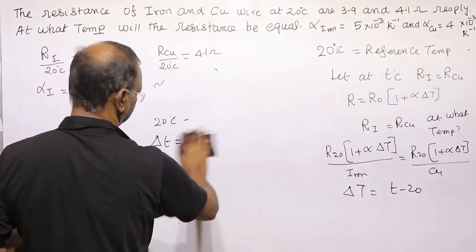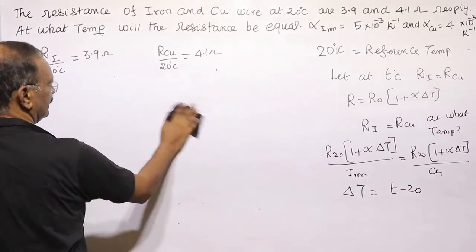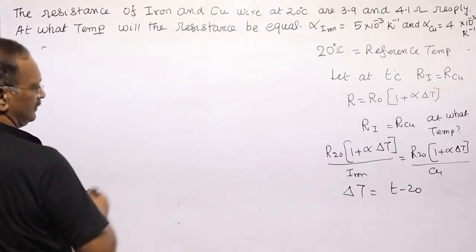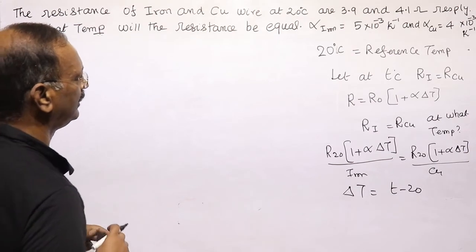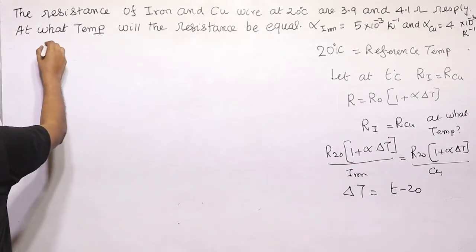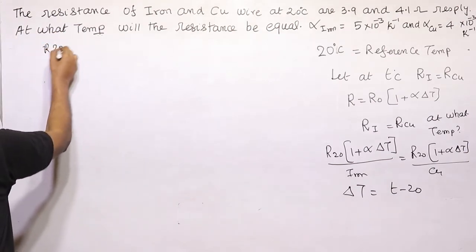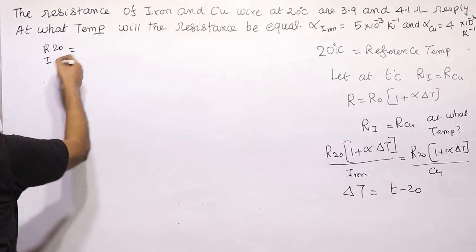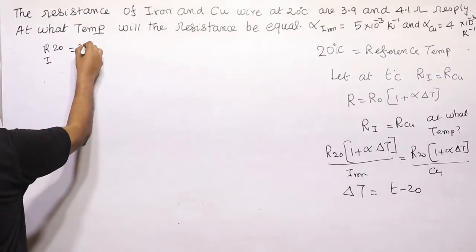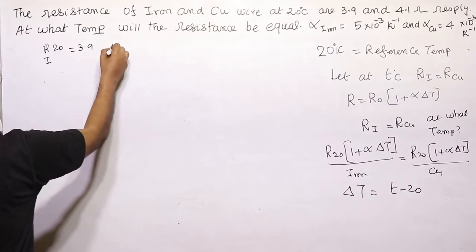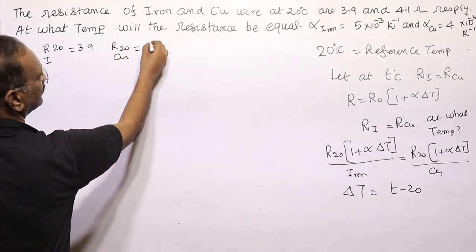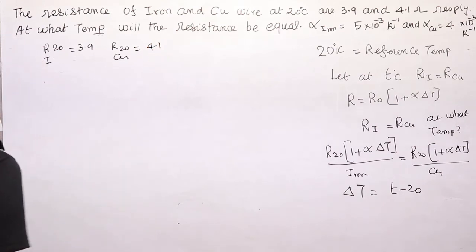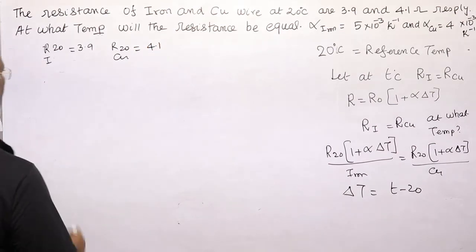So delta T is equal. Now R20, resistance at 20 degree for iron is equal to 3.9, and resistance at 20 degree temperature for copper is equal to 4.1.